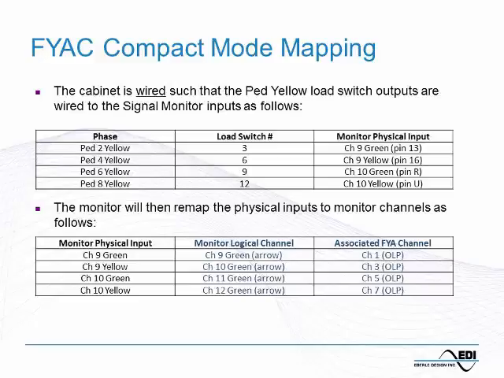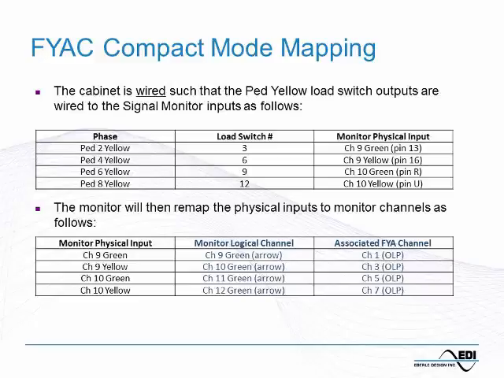Channel 9 yellow gets processed as channel 10 green. Channel 10 green gets processed as channel 11 green, and channel 10 yellow gets processed as channel 12 green. So again, there's remapping going on in the cabinet wiring and remapping going on inside the monitor in the software.